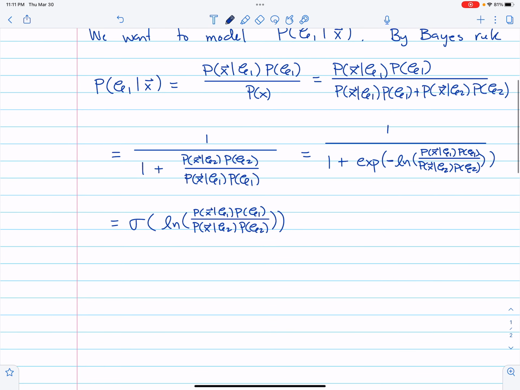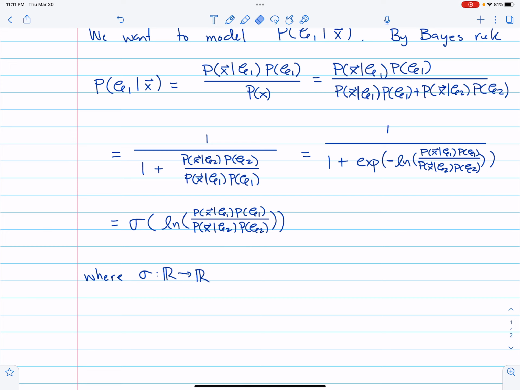Okay. I'm essentially grouping this 1 over 1 plus e to the negative. So I should say what this sigma is, where sigma is a function from the reals to the reals.